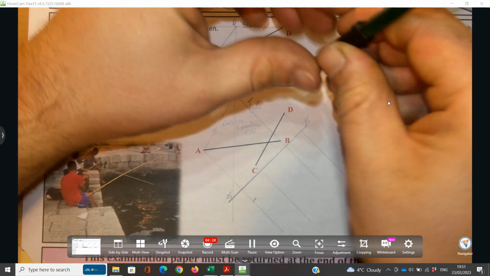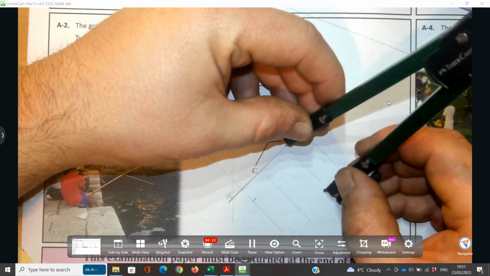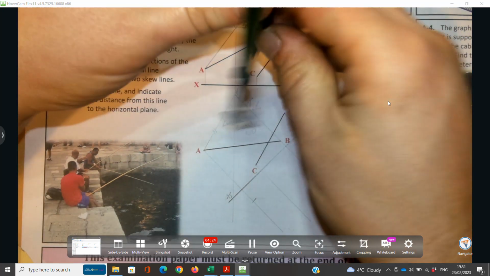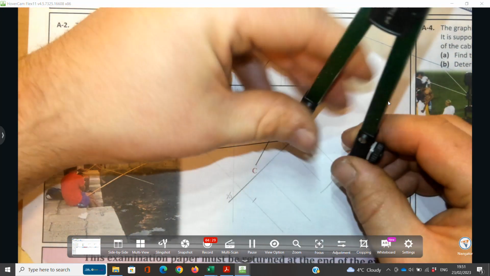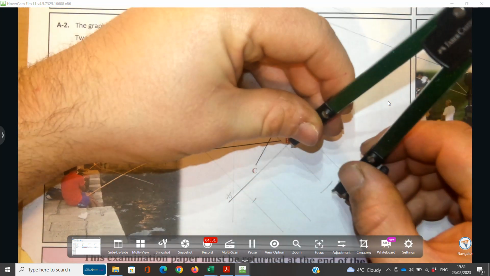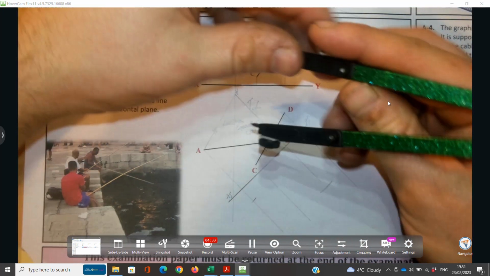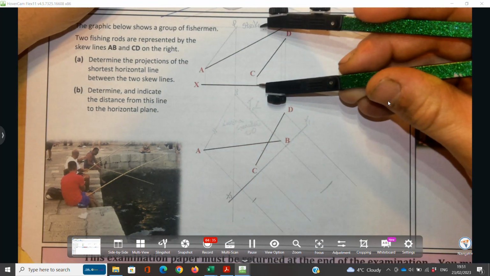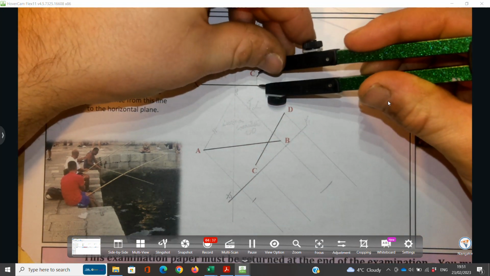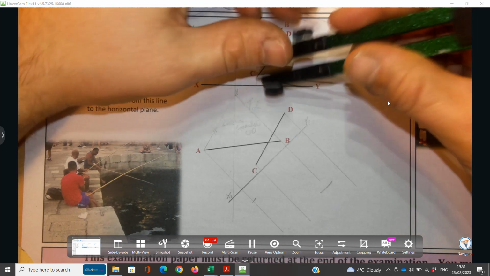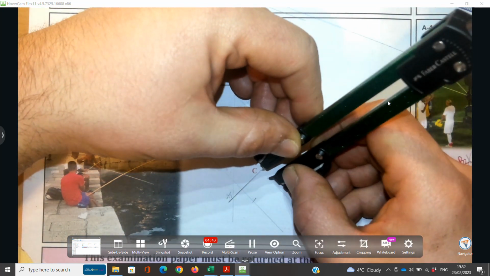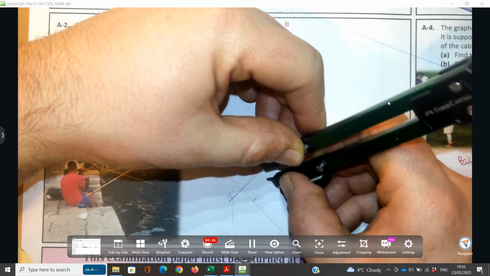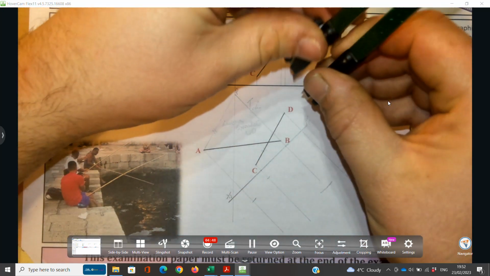I'm going to take the height of B and mark it in here. I'm going to take the height of P, and that's in the same position. I'm going to take the height of C, and I'm going to take the height of D.